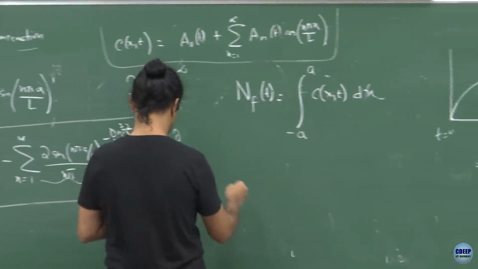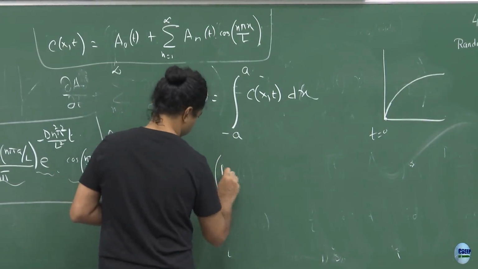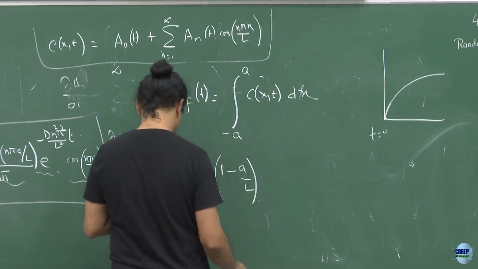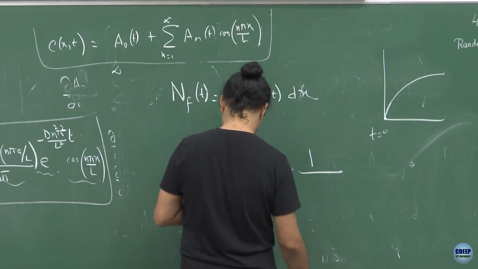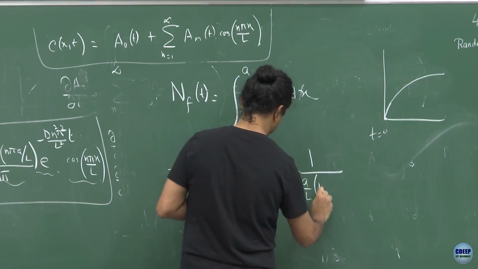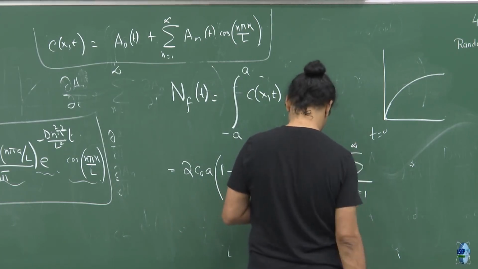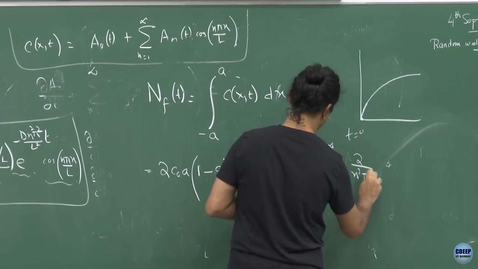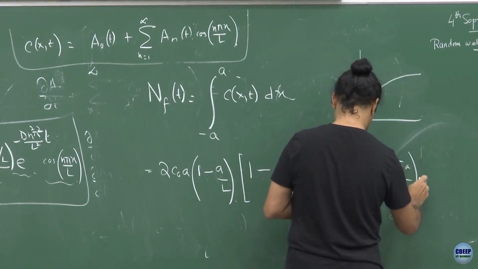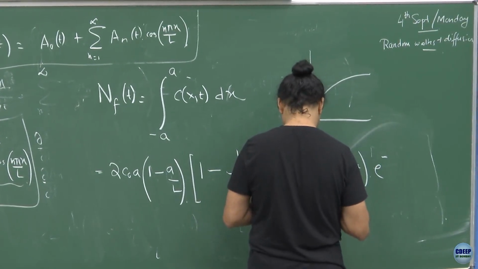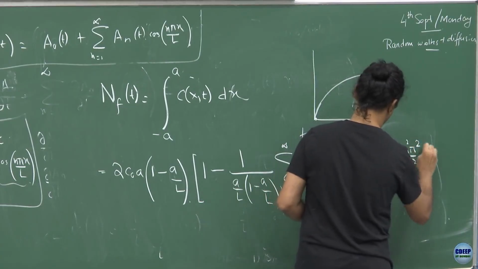You will get some expression. Let me just write this without doing it, because I may be wrong by factors, but roughly something like 2 C naught A, into 1 minus A by L, into the sum over n equal to 1 to infinity of 2 by n square pi square sine square n pi A by L, e to the power of minus D n square pi square by L square times tau.